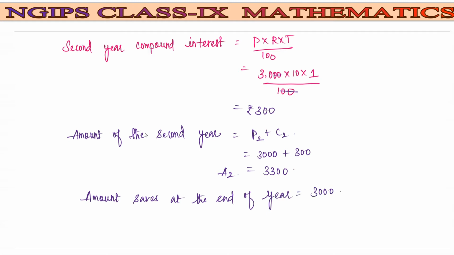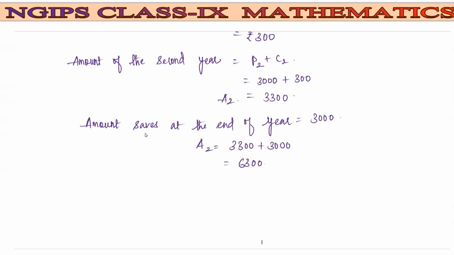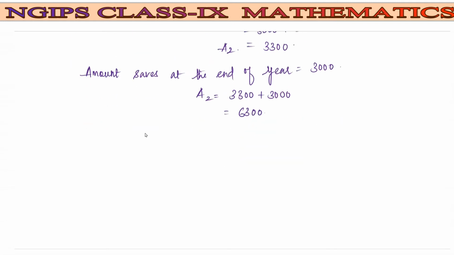Already the amount with compound interest is 3300, plus the saving amount 3000. If we add together, we get 6300 rupees. So this is the amount at the end of the second year.